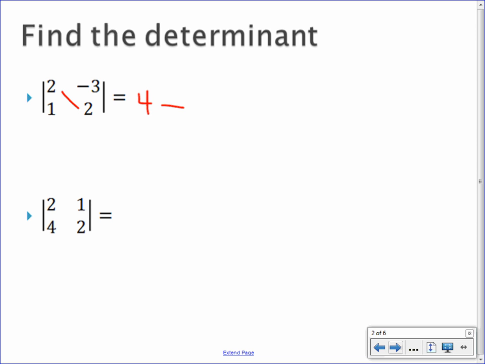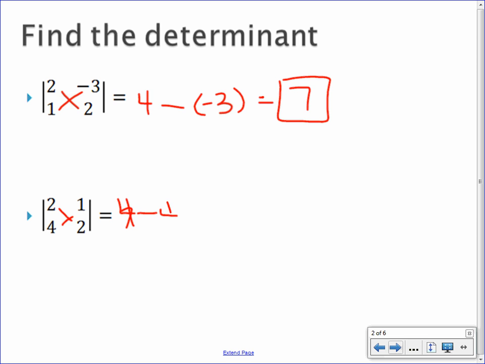For a 2 by 2, this is all we do. This matrix right here, 2, 1, 4, 2: 4 minus 4 equals 0.